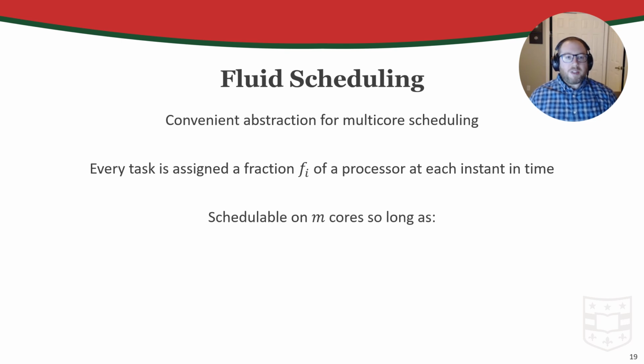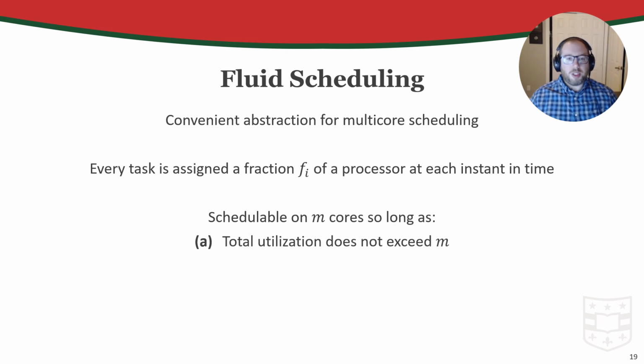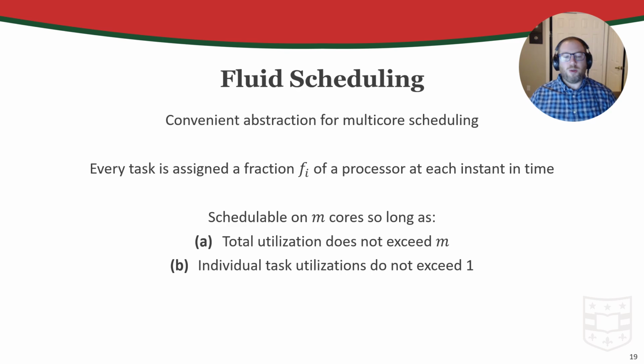A set of tasks are thus fluid schedulable on M processor cores as long as the total utilization does not exceed M and individual task utilizations do not exceed 1. Since we're only considering implicit deadline sequential tasks in this paper, the second condition is automatically met, and our problem is still just one of compressing to a utilization bound.